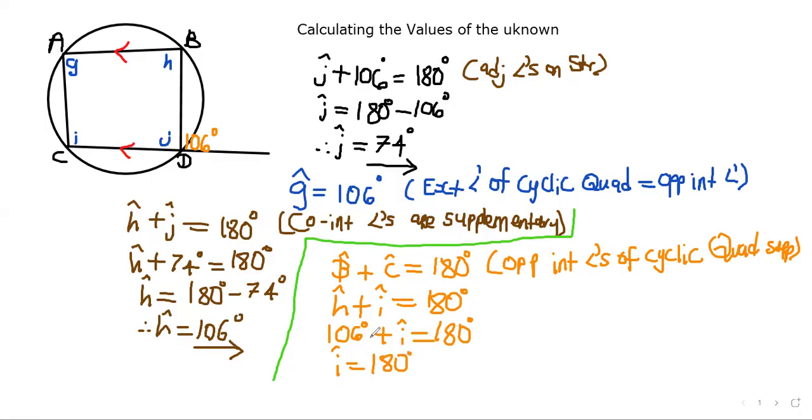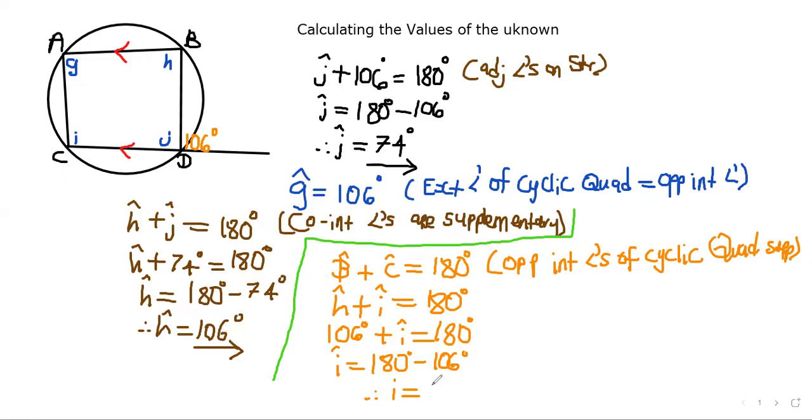Then remember, you take positive 106, you transpose it that side, it changes the sign to become minus 106 degrees. Right? Then after that, you're going to say, therefore, angle I equals to what? You say 180 minus 106. That should give you 74 degrees.